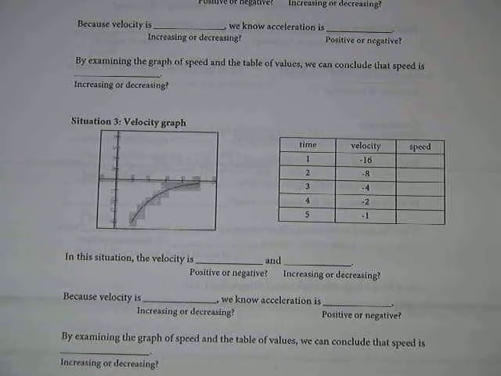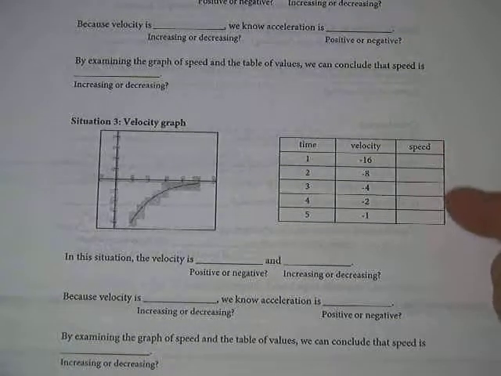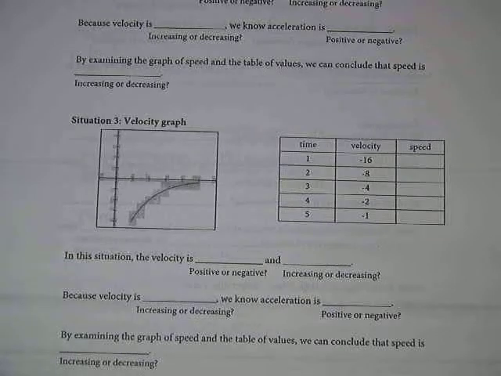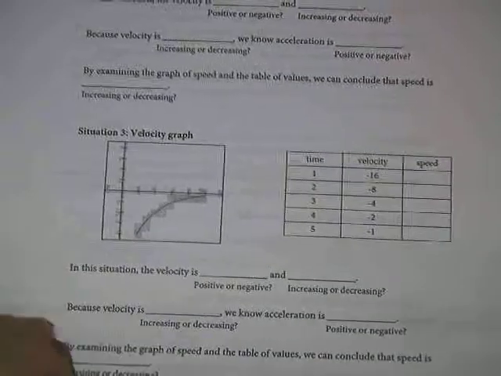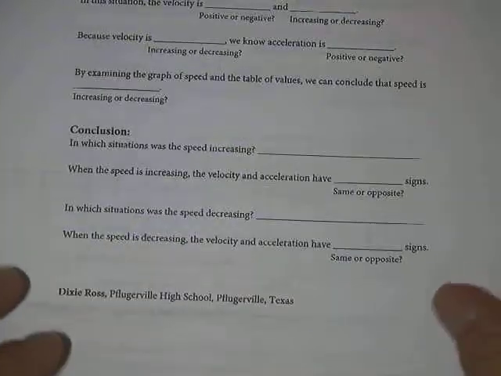Because the velocity is increasing, we know the acceleration is positive, and by the table of values we can see that the speed is increasing. Let's see. Nope, I lied. Decreasing. The opposite of what I just said. So, what I said the first time. Yeah. Speed would be decreasing. These values on the right should have been 16, 8, 4, 12, 4, 2, and so on. So those are decreasing.